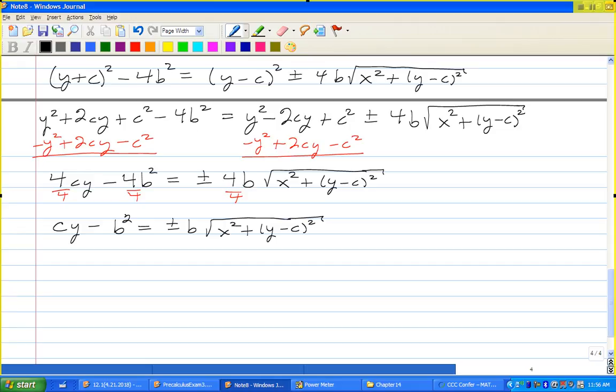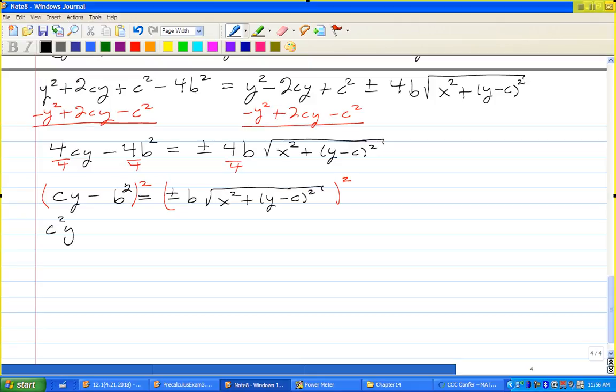So now let me just square both sides of my equation. So I get c squared y squared minus 2b squared cy plus b to the fourth is equal to, the plus or minus cancels because I'm squaring, b squared times (x squared plus, let's multiply this out, y squared minus 2cy plus c squared).